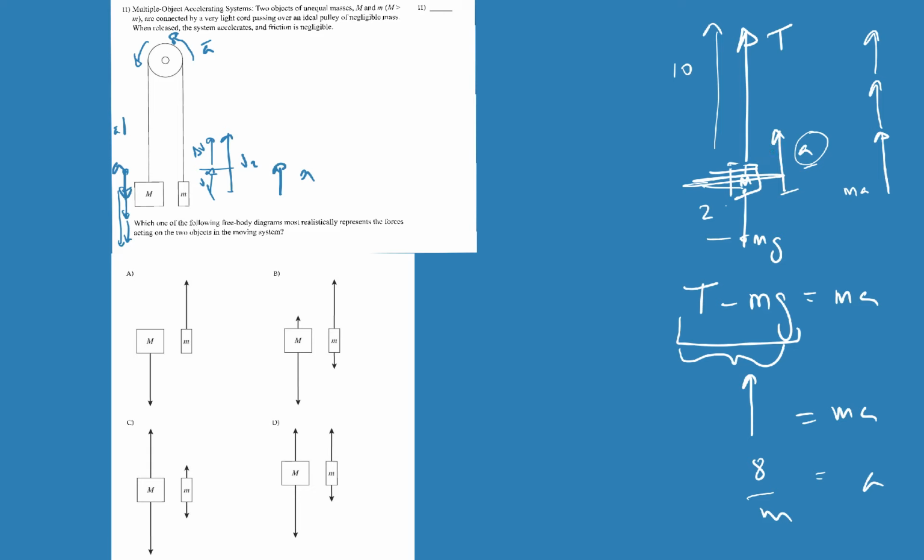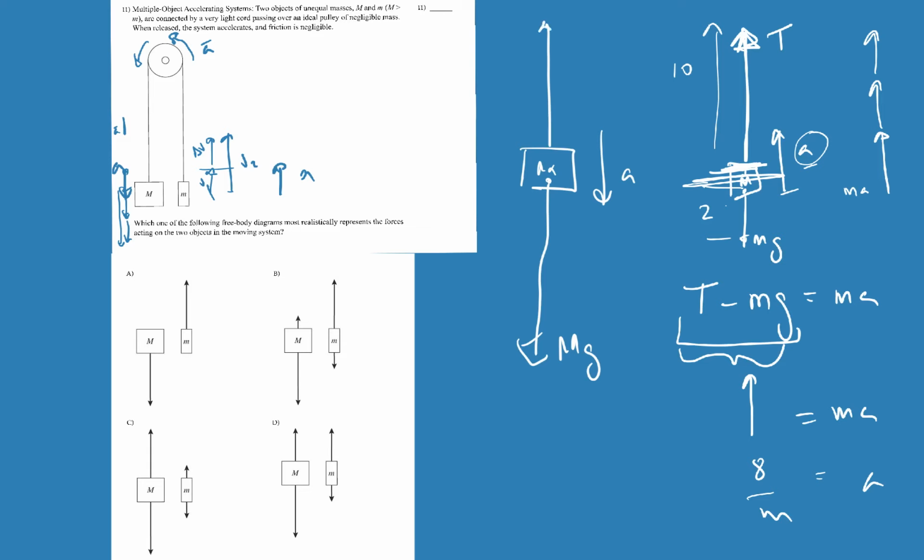So for little m, the picture is this one. For capital M, it is accelerating downwards, so there is more force going downwards than upwards. The weight, because it's capital M, is very big, so mg will be very big. The tension is the same as the tension here, the same amount.